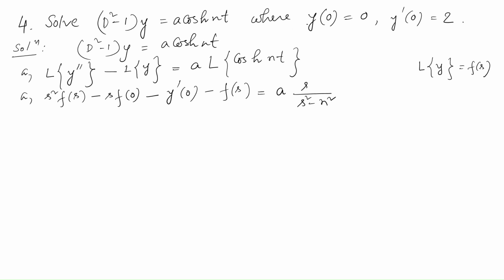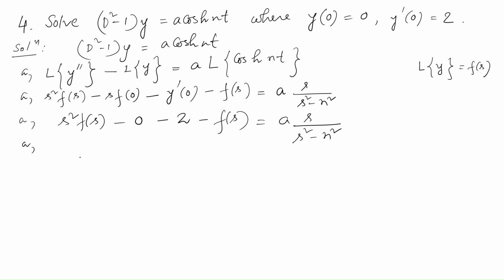Now in the question it is given that y at 0 is 0, y prime at 0 is 2. So let us put these values in this equation. Then we'll have s square F(s), this term is 0 and this term is 2, and this is F(s) equals a s by s square minus n square.